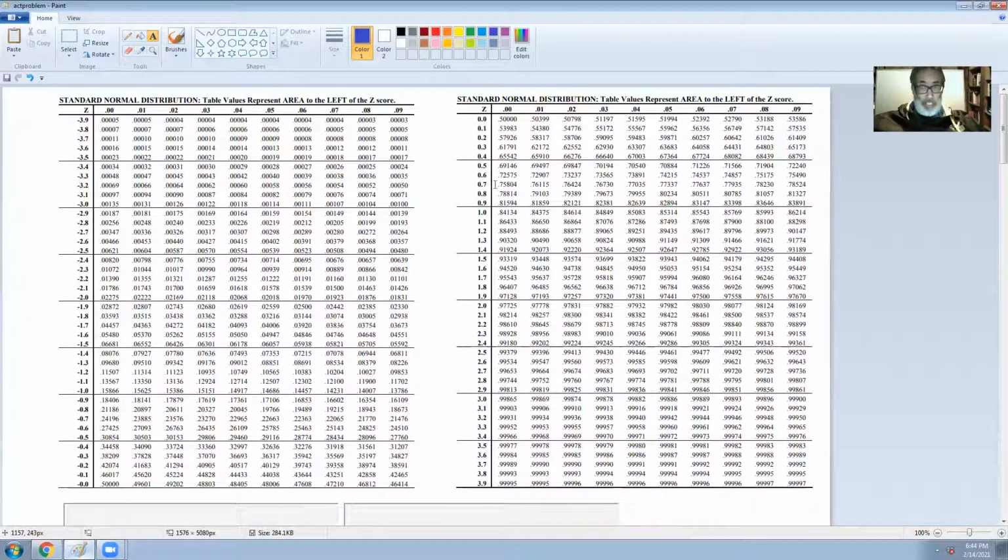There's 0.7, 0.72, 0.73, 0.74, 0.75, 0.76. And we read right here, and I'll outline this. I'm using 0.76. We get this number, 0.77637.